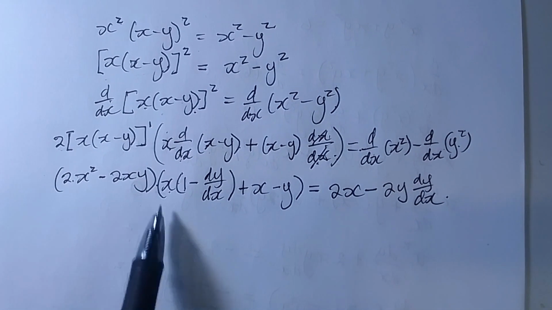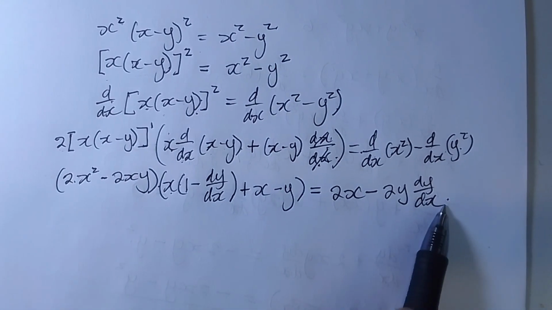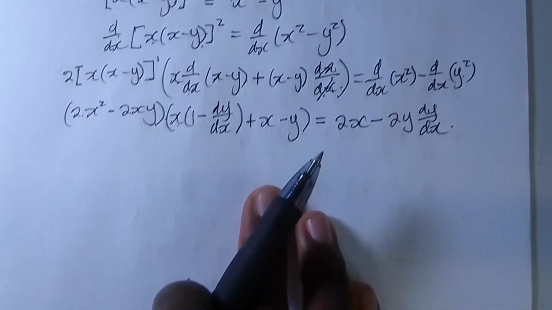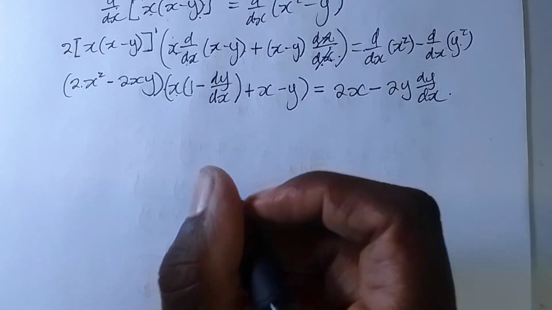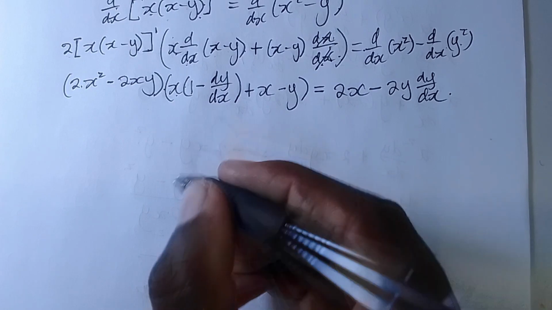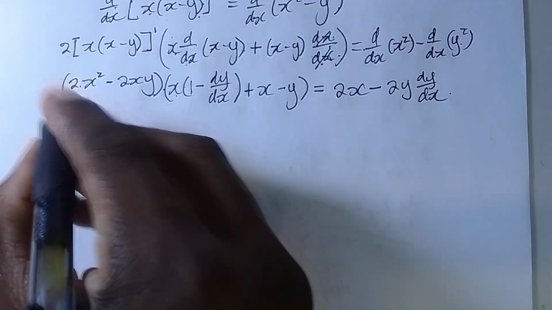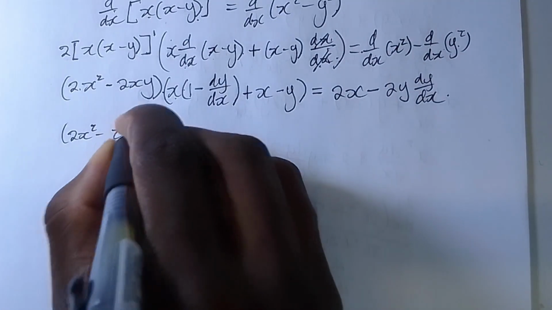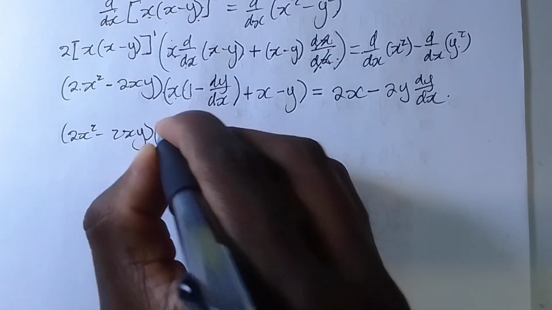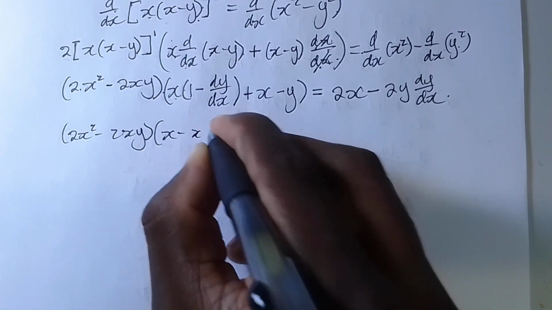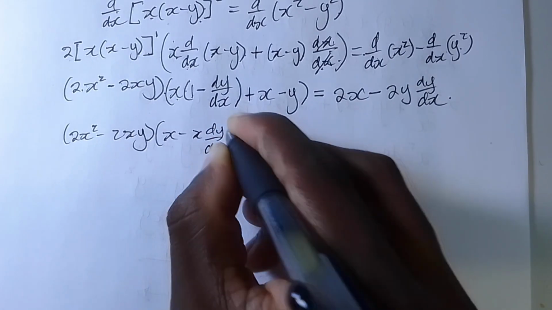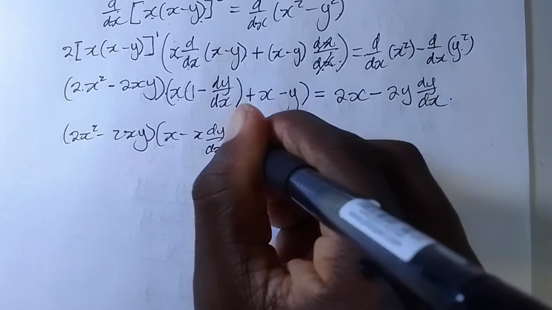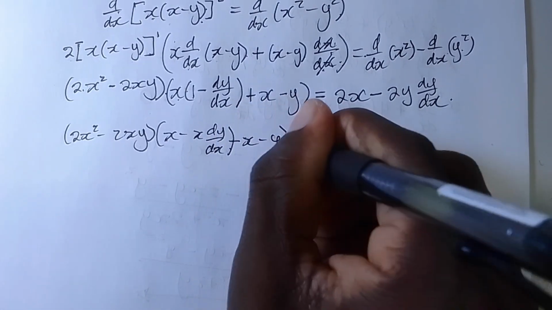Once again, let's try to distribute everything so that at the end we can have dy/dx as the subject of the formula. I'll try to move a bit faster on this one because this is not the main focus of the video. So we have 2x squared minus 2xy, x minus x dy/dx, plus x minus y.